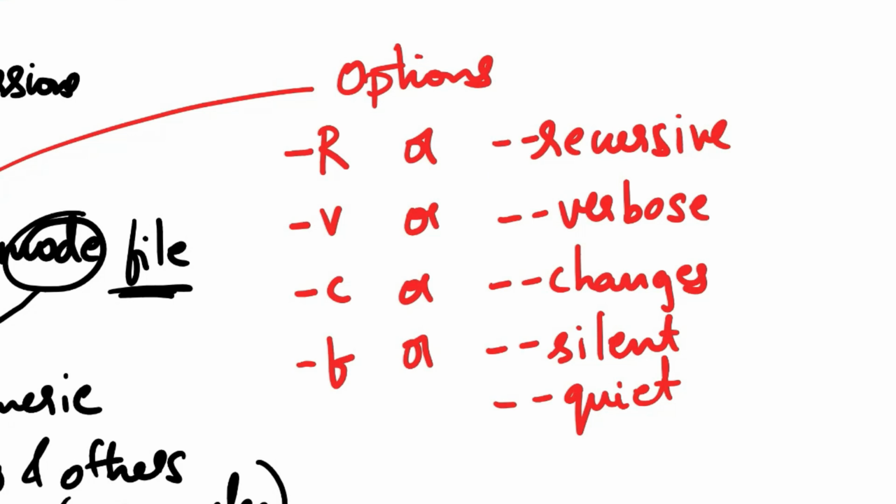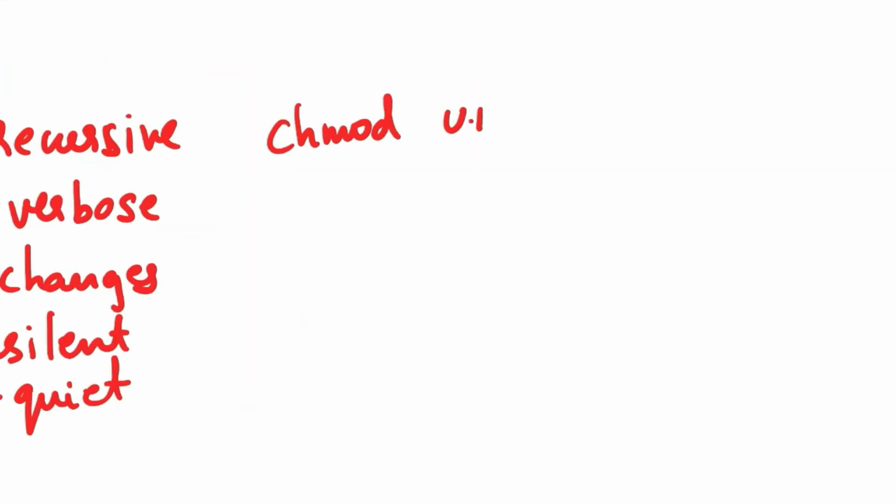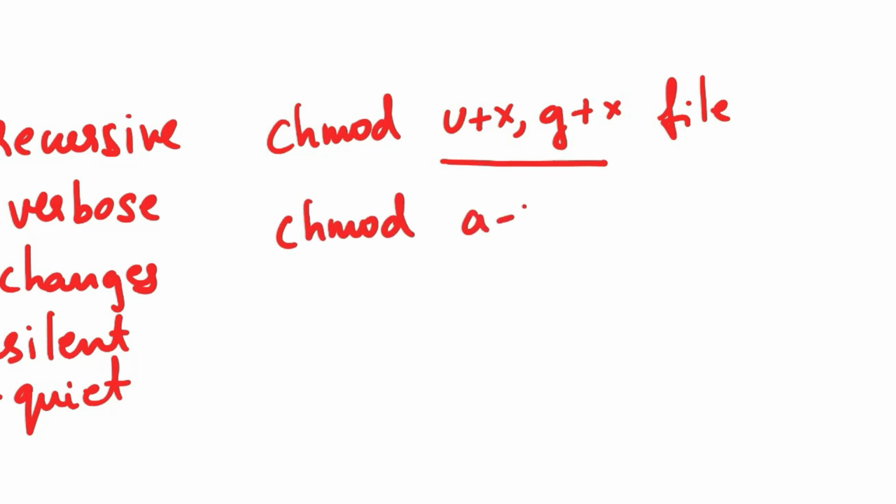Now let's look at more examples. So if you say chmod u+x,g+x file, this is to add execute permissions for the owner and group on a file. Next, if you say chmod a-w file, then this is to remove write permissions for all users, that is owner, groups, and others on a file.